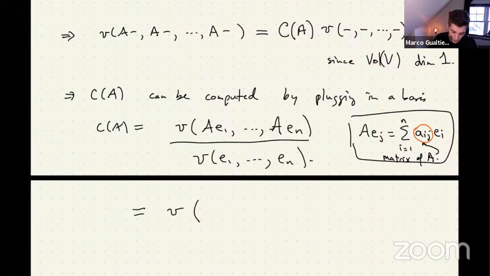This will be the first column, the second column of A. You know what I mean? The columns of A are precisely what A does to the basis vectors.